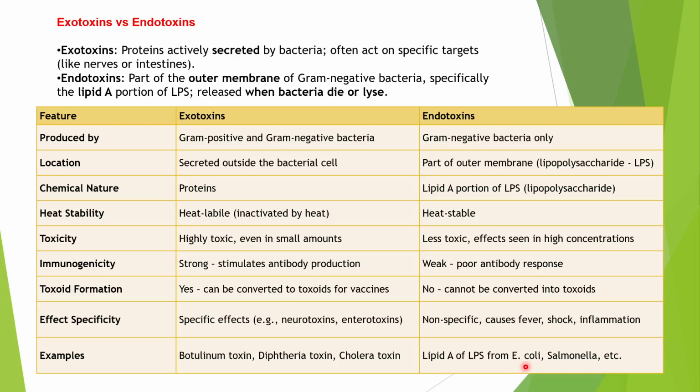So like even the host residential bacteria like E. coli can also sometimes be an opportunistic pathogen and can release endotoxin. So other than that, Salmonella, other gram-negative bacteria, all of them have the LPS layer. So they all have lipid A, which can be released upon their death or lysis. These are the major differences between the endotoxins and the exotoxins.